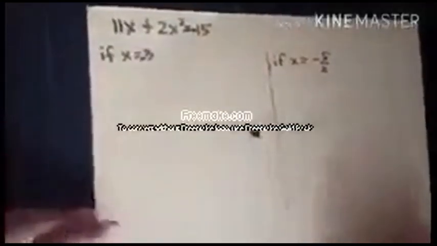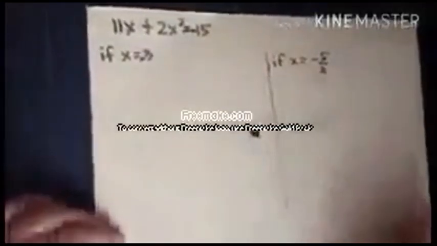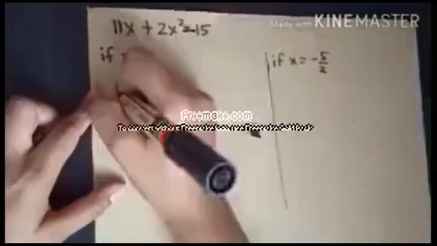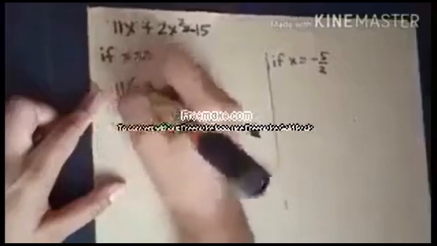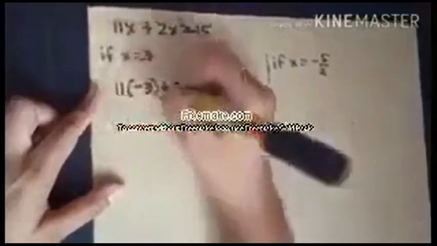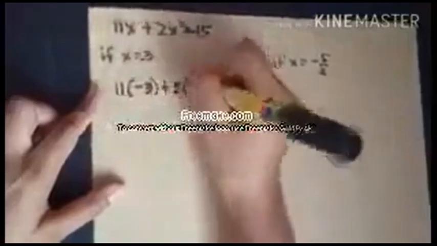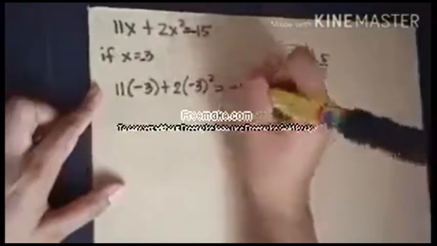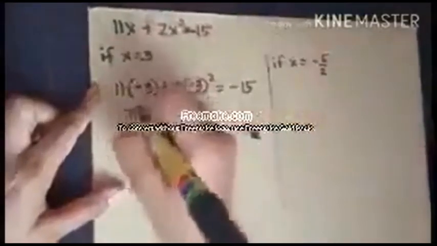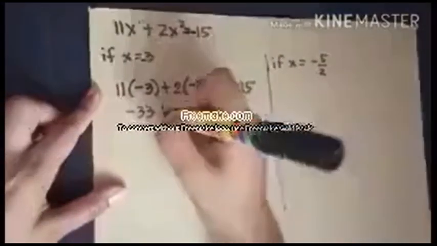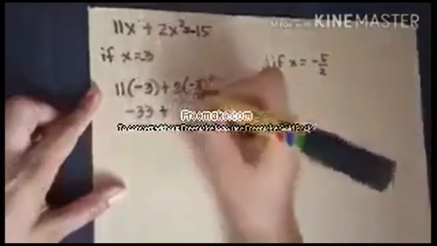Okay, so let us check whether the obtained values of x are real solutions or not. So, again, we are going to make use of the original equation in checking. So, if x is negative 3, we are going to replace all the x's by negative 3. Okay, so 11 times negative 3 is negative 33 plus 2 times negative 3 square.